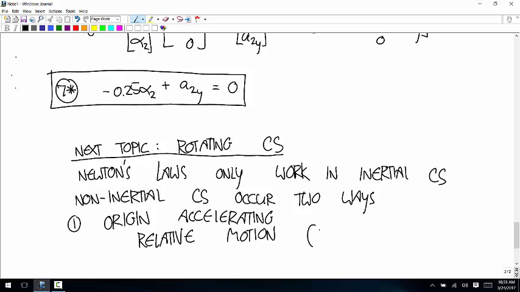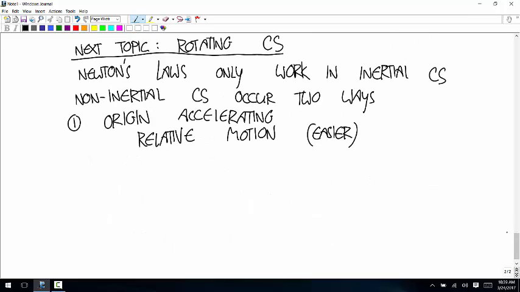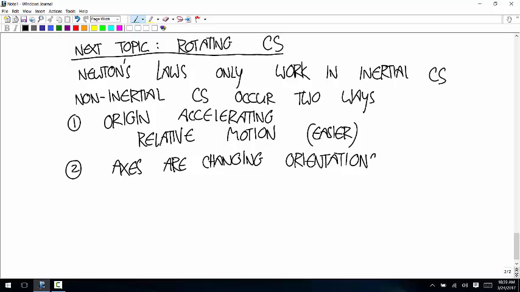That one's easier to deal with. But the other way you can have non-inertial coordinate systems is if the axes are changing orientations. In other words, rotating. This we've already done. This one is what we're getting to.